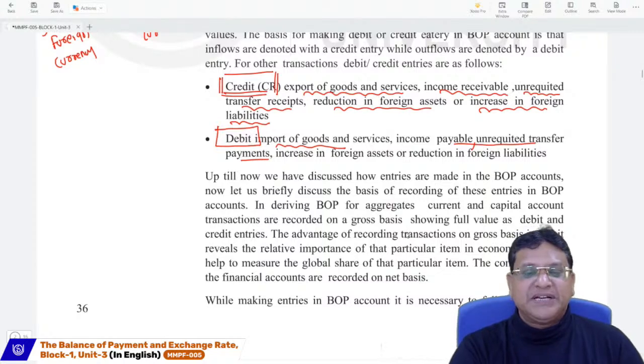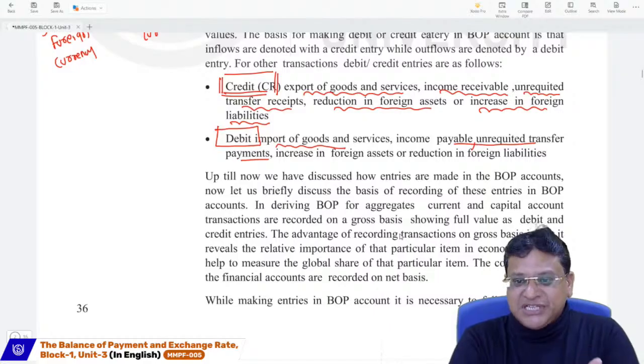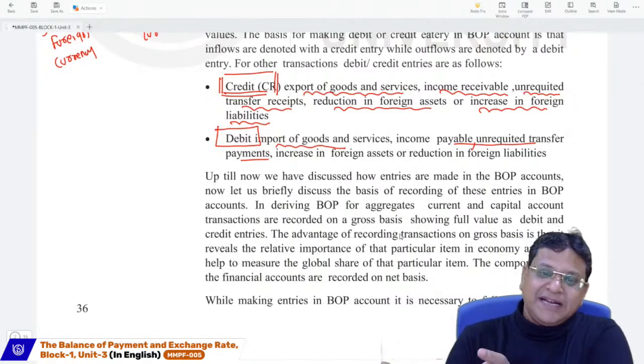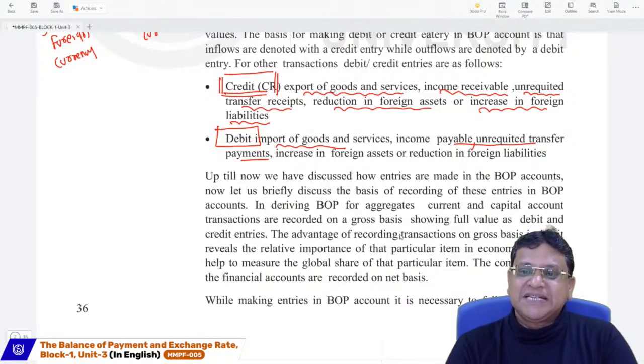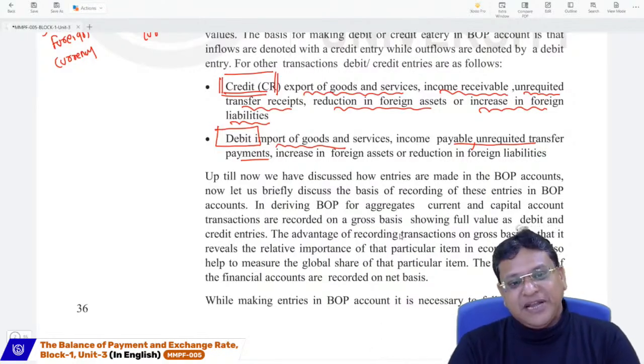What are unrequited transfer payments? That means the citizens of a country make payments to their relatives outside. Those are transfer payments, that is remittances. So the remittances sent out of a country are debit items.